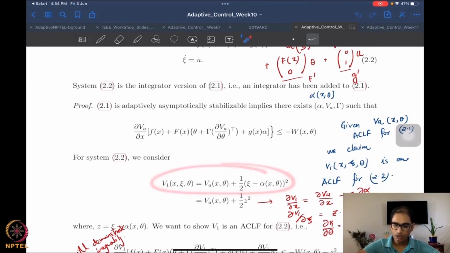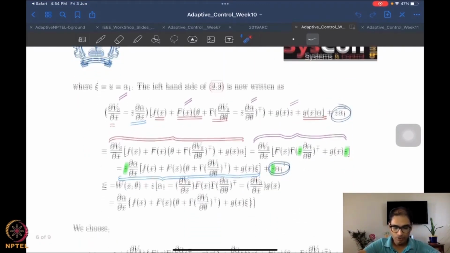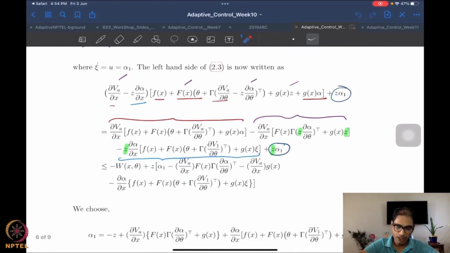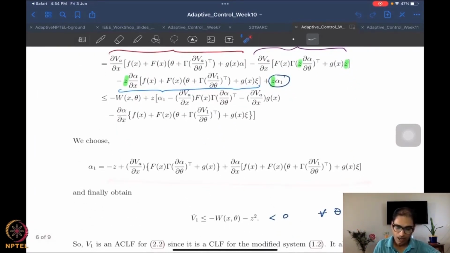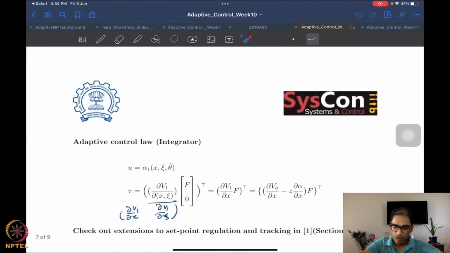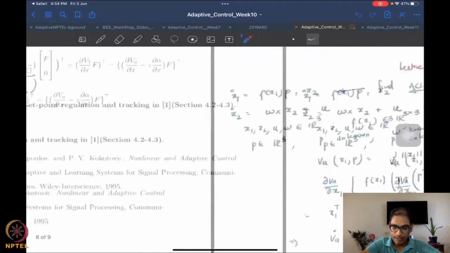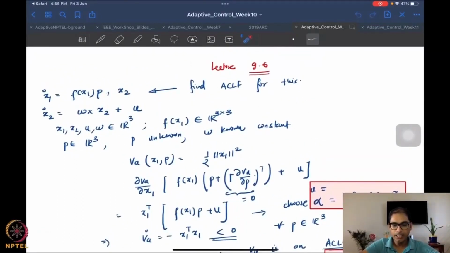And once you have this augmented adaptive CLF, we were able to help construct a feedback and also an update law, of course. An update law was constructed earlier using the adaptive tuning function method, right? We also worked out an example which we had already worked out with the integrator backstepping method and the extended design.